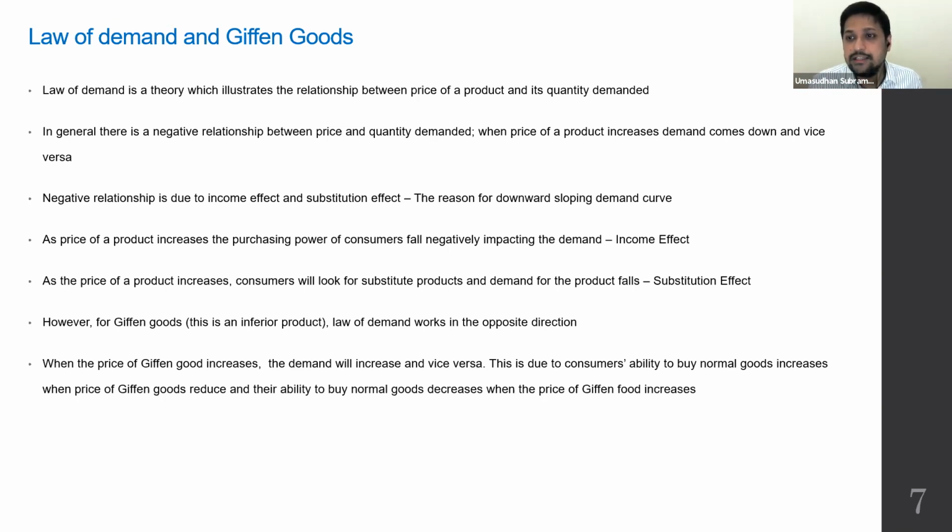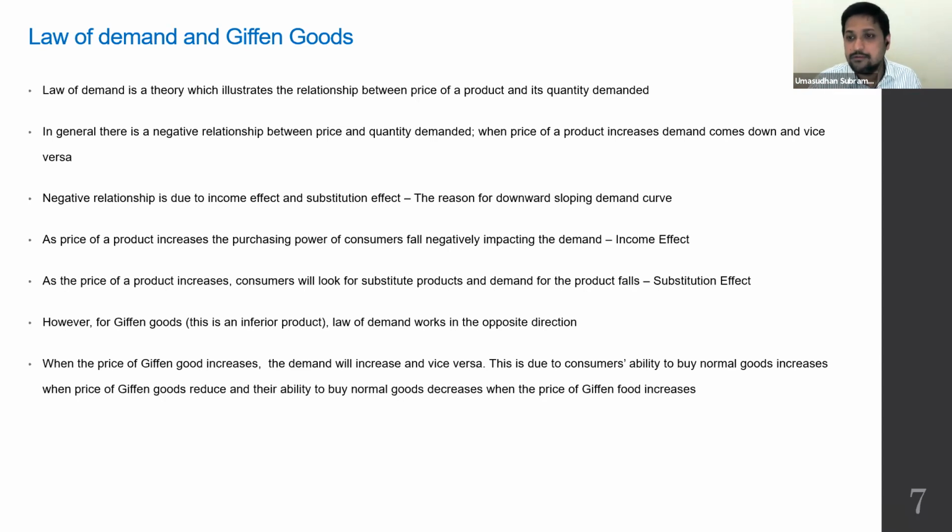What this economist observed was that when the price of Giffen goods increased, the demand for Giffen goods increased. When the price for Giffen goods decreased, the demand for Giffen goods decreased, because people now have more ability to buy good quality products.